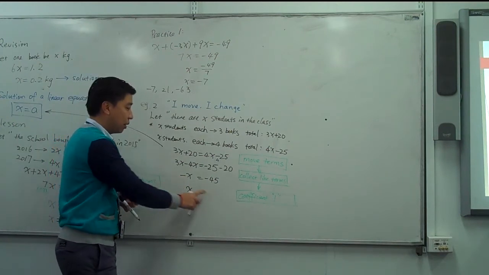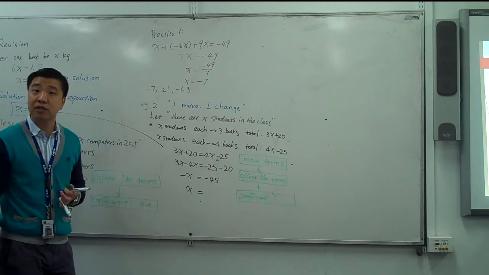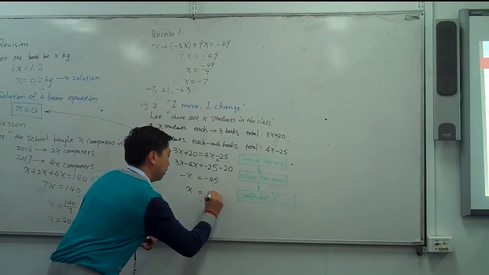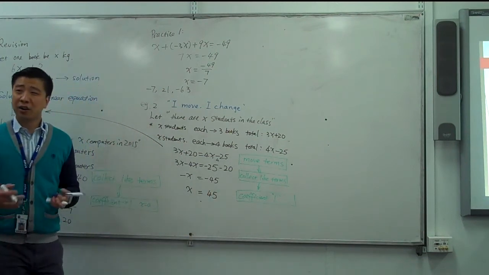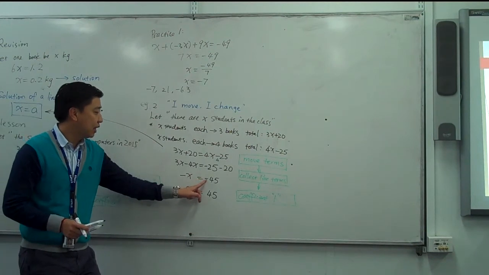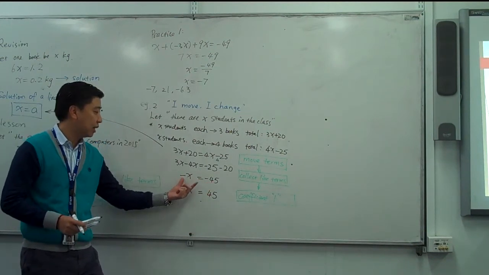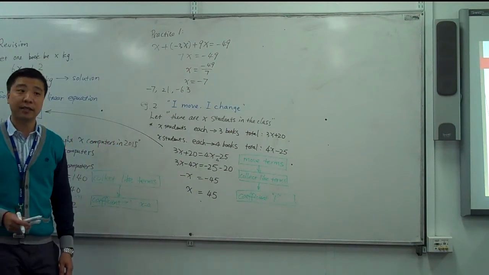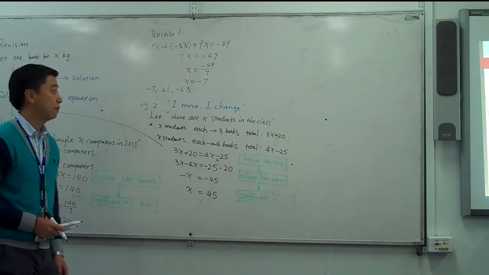Yes, move negative 1 to the right. That means you divide by negative 1. So the answer is 45. And also, you can use another way. Negative x equals negative 45, which means negative equals negative, and then x equals 45. Right? Easier. X equals 45.